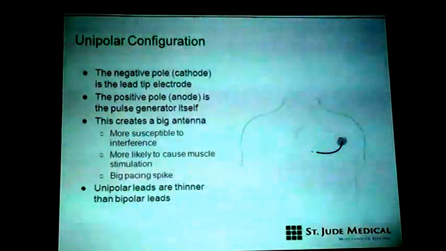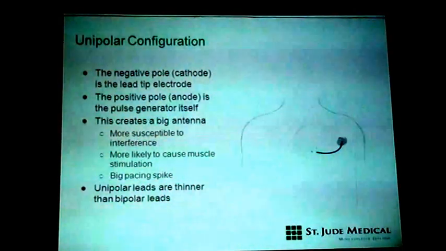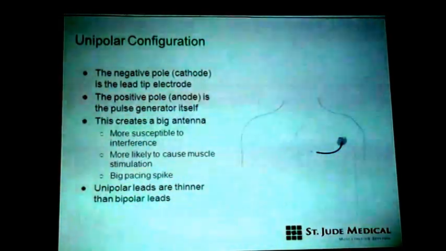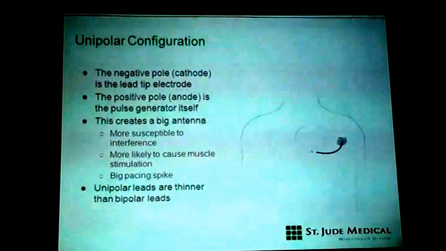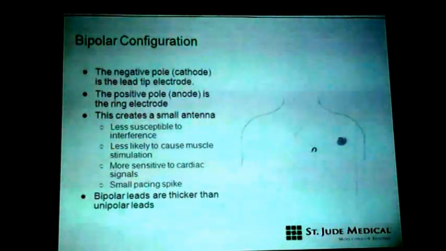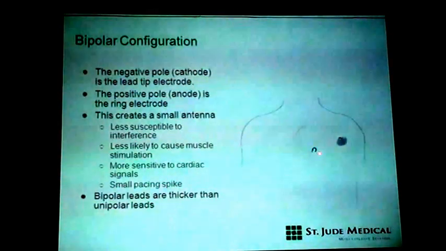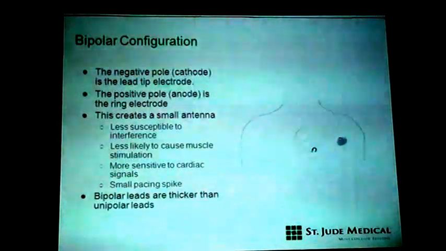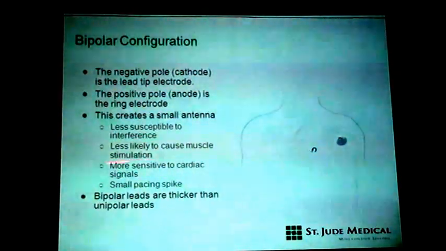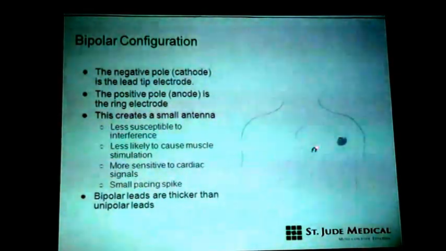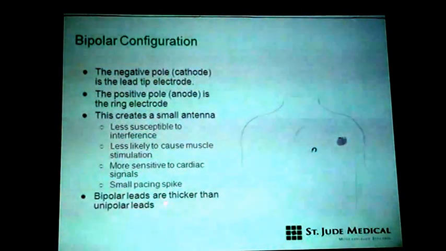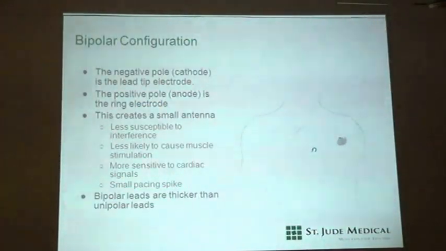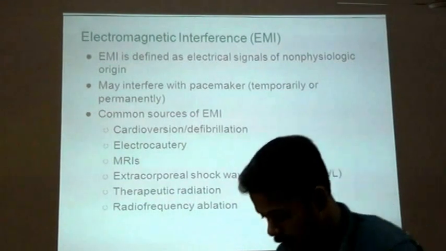With modern equipment you may or may not see it, so it is not a criterion for it not working. Bipolar is the basic here, because this creates a small antenna where the current travels a very small space. So bipolar leads are generally more suitable.